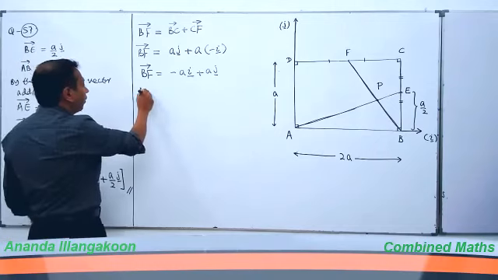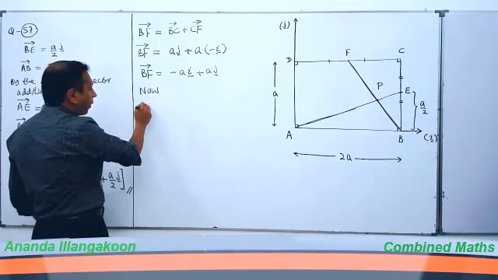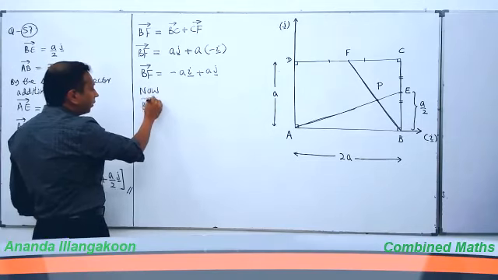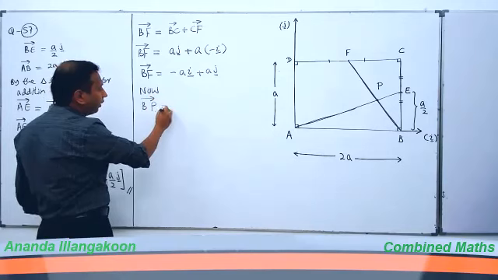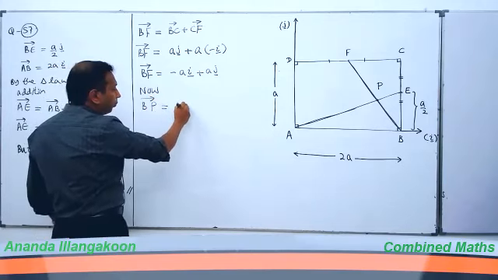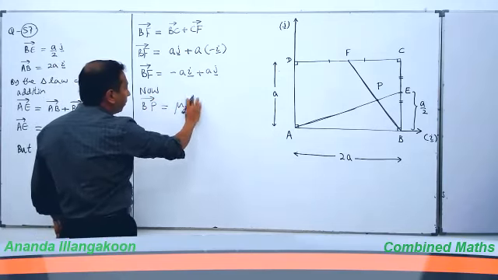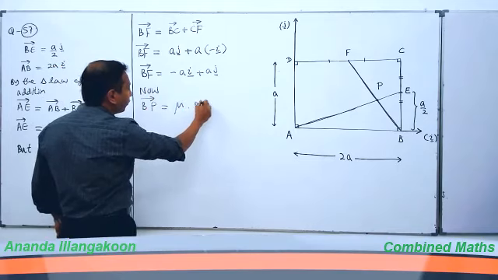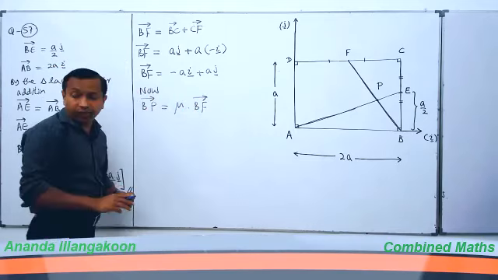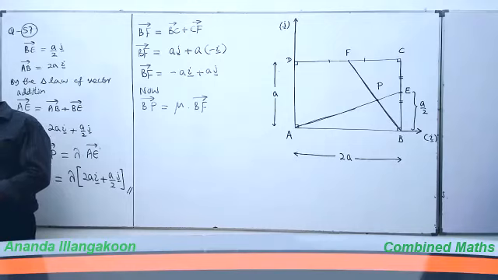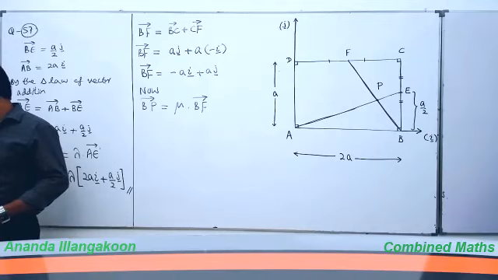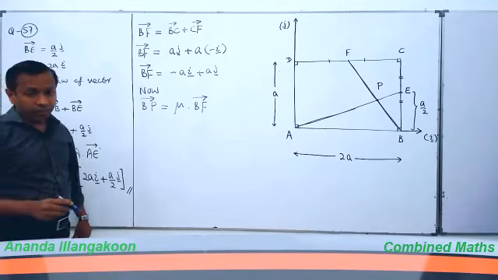Now BP vector you can write as a multiple of BF vector. Right? Now BP vector you can write mu times BF vector. This way you can write mu times BF vector.